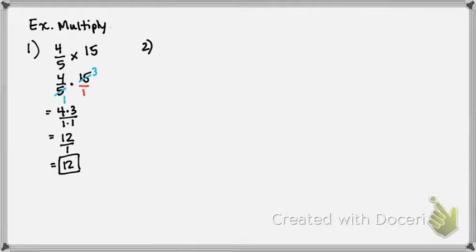Let's do one where I have a fraction and a fraction. Let's do 12/21 times 6/13. I don't know, what do you think? 13ths.